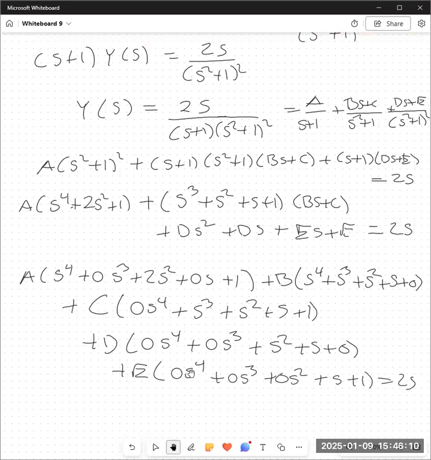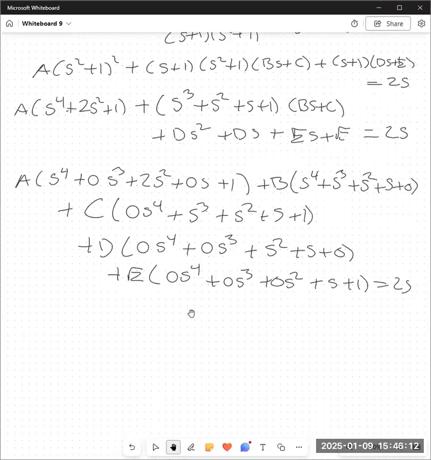Why am I writing all those zeros? Because I'm going to turn this into a matrix. And I want to just be able to read each of these and make a column in my matrix.